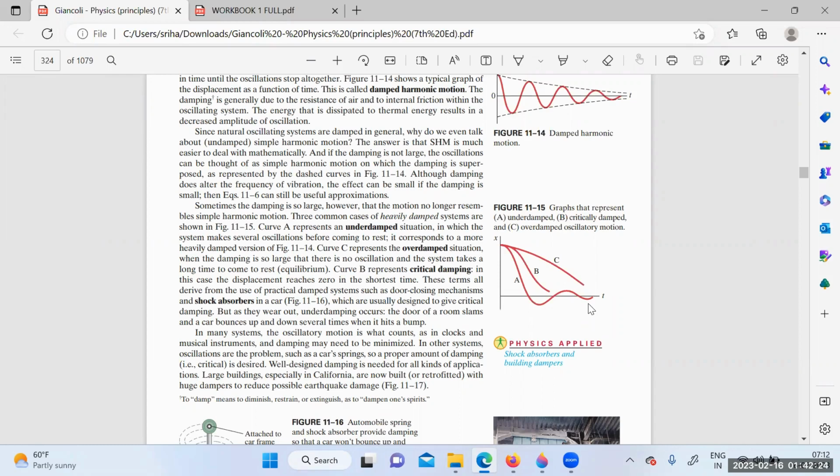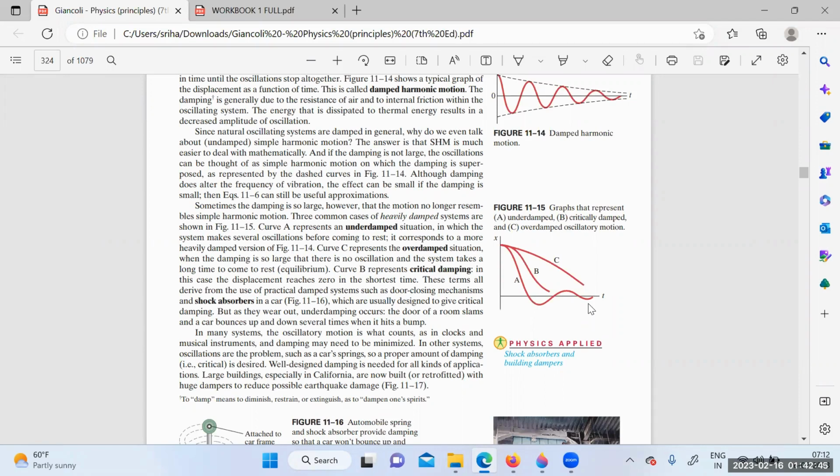So that's one example. And if you need one more example, that's the major example that you can see. Even a shock absorber is also an example. Shock absorber is critically damped, sorry.